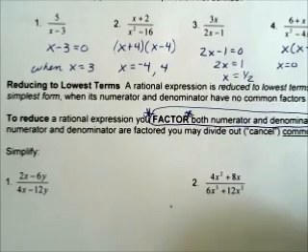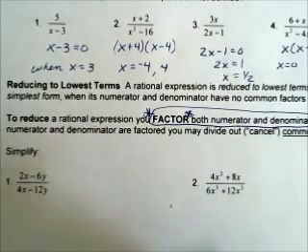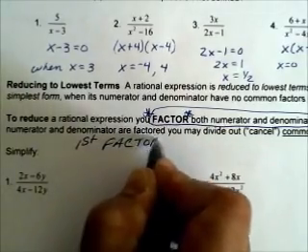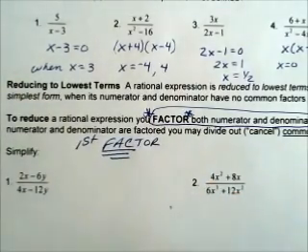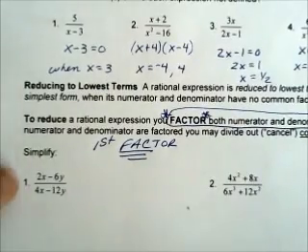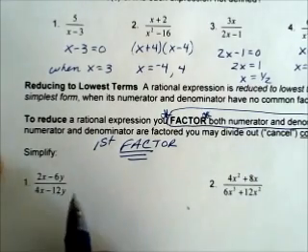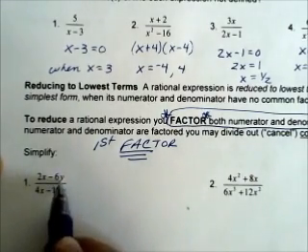So you factor both numerator and denominator first. So first thing you always do is factor. All right, so we want to simplify this rational expression, 2x minus 6y divided by 4x minus 12y. Factor the numerator. There's a GCF.